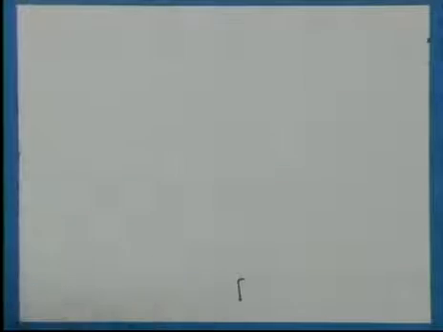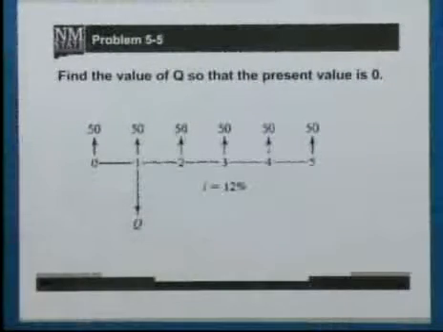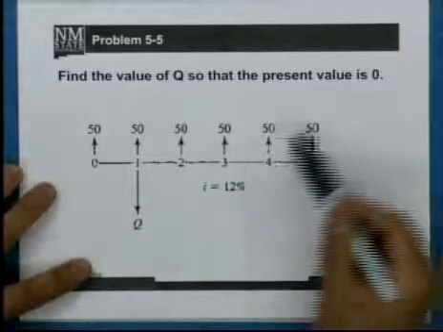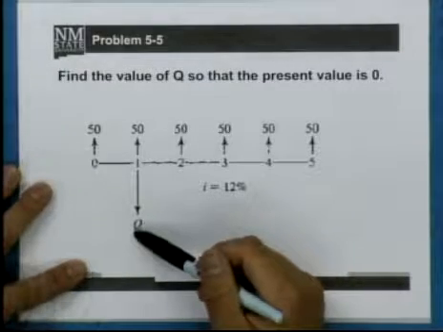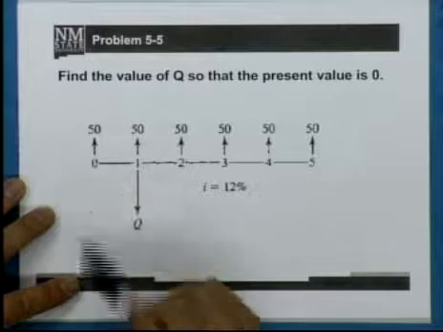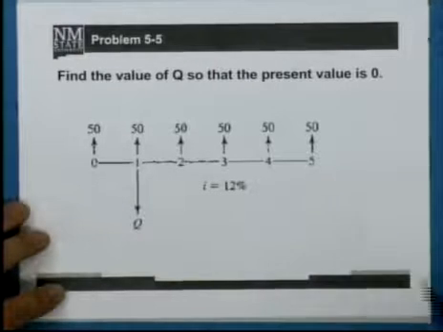Okay, then next problem. How about problem 5-5? Again, find the value of Q so that the present value becomes 0, okay, in this cash flow diagram.